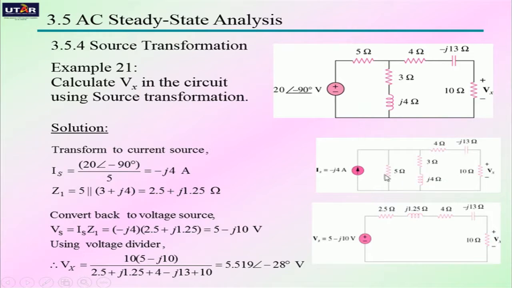Now these two elements are in parallel, so we can merge them. After merging them, we perform source transformation again by dragging this element out and putting it in series into the circuit, changing it from a current source back into a voltage source using Ohm's law. The total voltage across the 10 ohm can be found to be 5.519 magnitude, negative 28 degree volt.